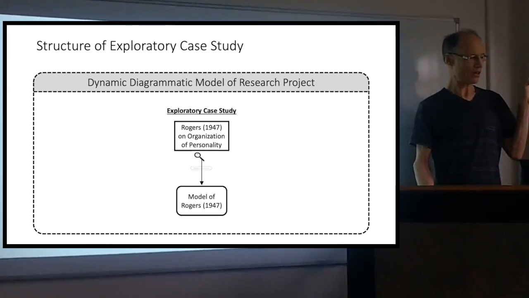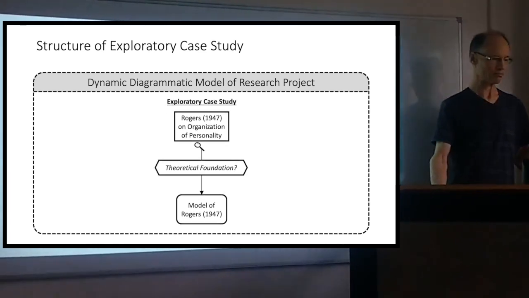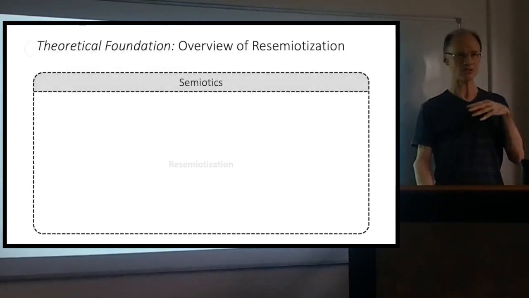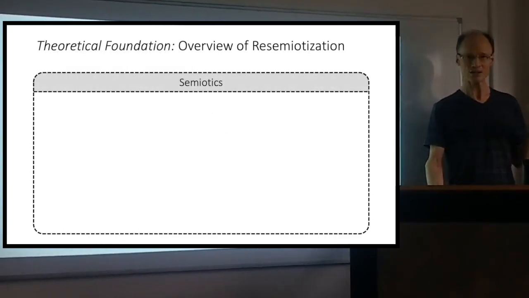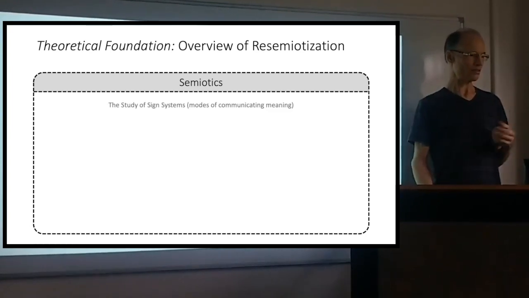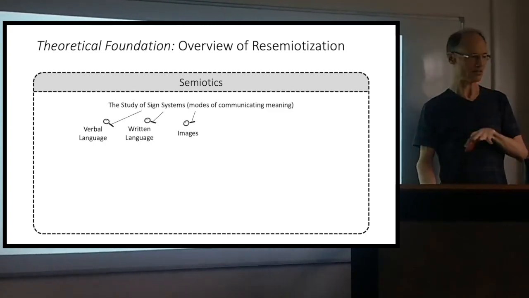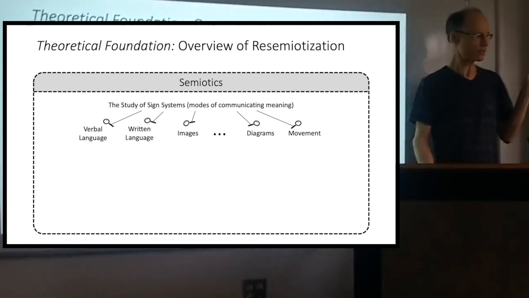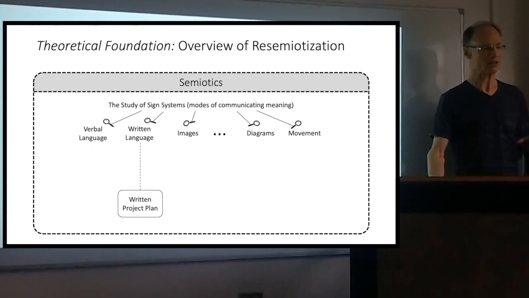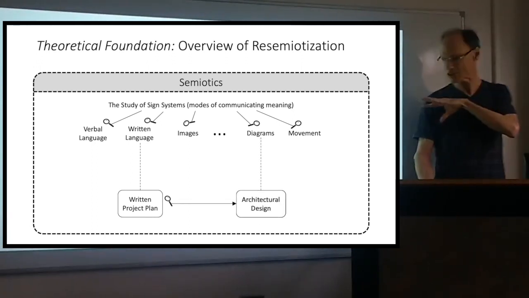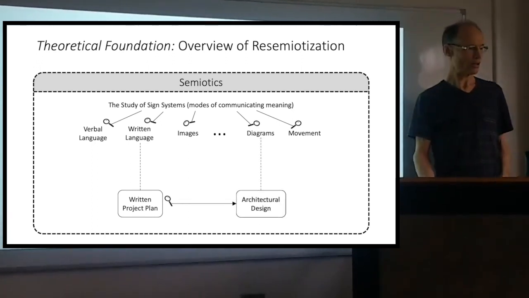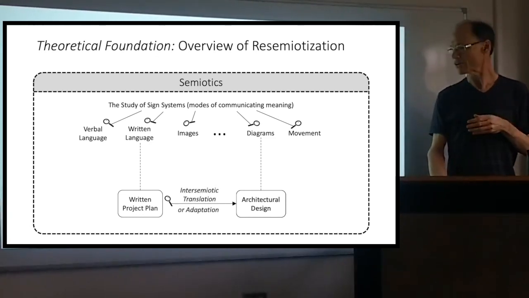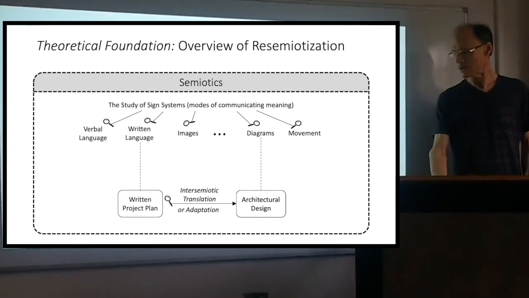But what is the theoretical foundation for what I'm doing? Well, broadly speaking, my project falls under the area of semiotics, which is the study of sign systems and how they convey meaning. So when something, say a written project plan, is translated into a different sign system, that process is called intersemiotic translation or adaptation.